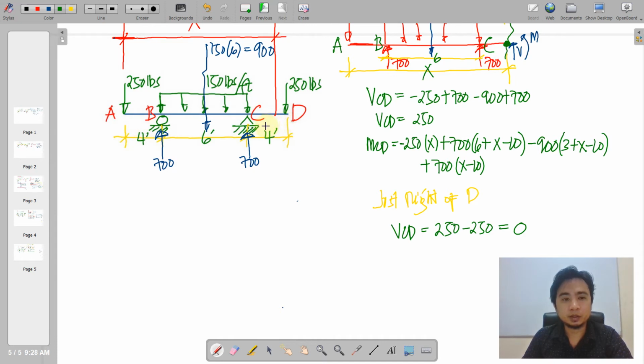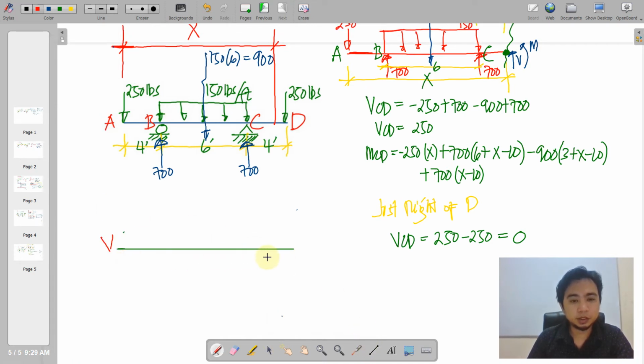So we will again do it by a graphical method using the point loads and the area of the uniformly distributed load. So we draw the line. This is for our shear diagram. This starts at the 0 line, and then we go down from the left portion. We have negative 250, no loading, so it remains negative 250, and then an upward 700 here.